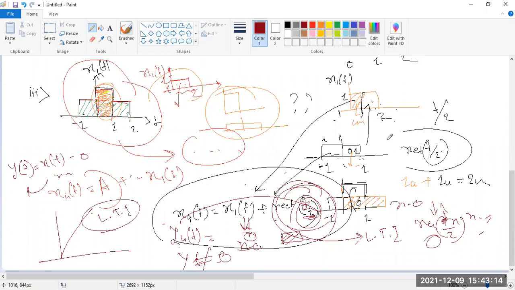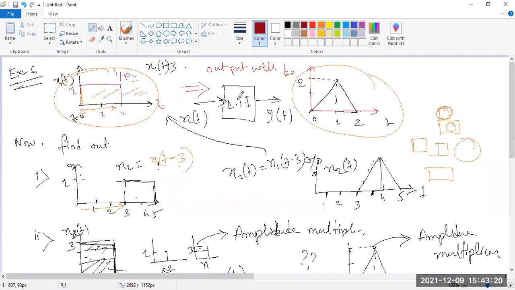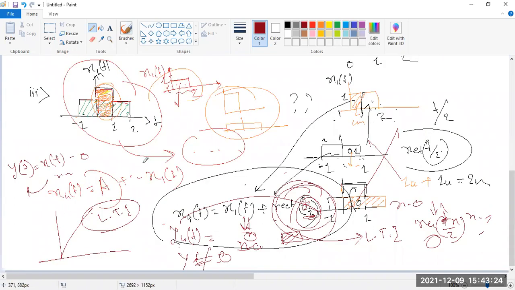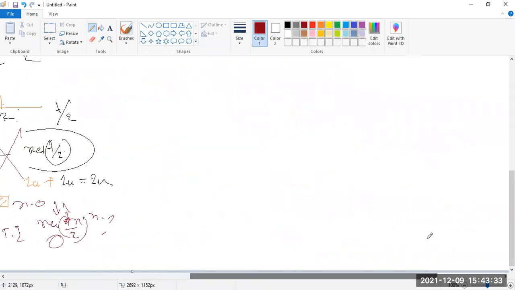So if you represent it in this way, the system will not give your output this way, because this only allows LTI systems. We have to arrange it in such a way that it becomes an LTI system, meaning this term should be an x term. So if I do it another way, look, the example is given like this.